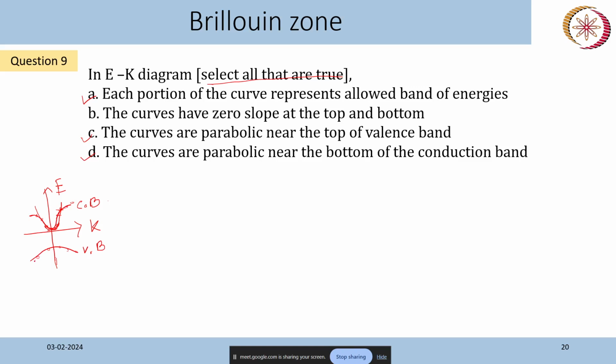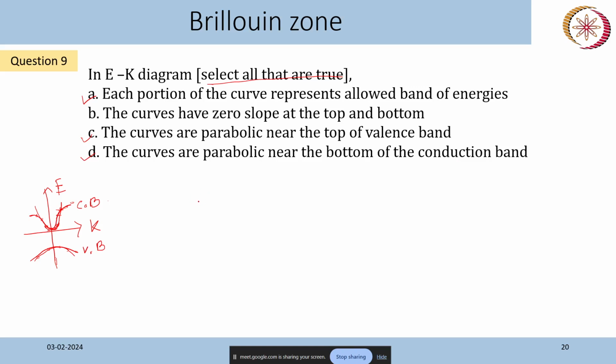Again we can fit a parabola here also. This will fit nicely at the top of the valence band and the bottom of the conduction band, but at the edges the fitting is not nice. So the curves are parabolic near the top of the valence band and the bottom of the conduction band. So these two are true.